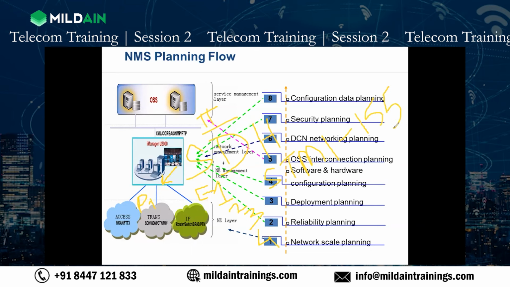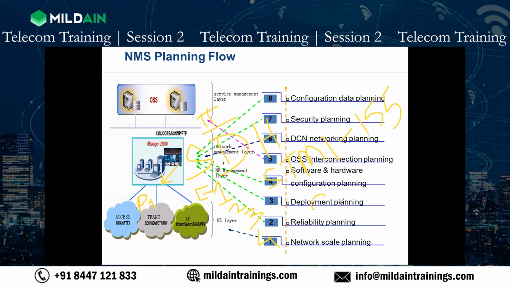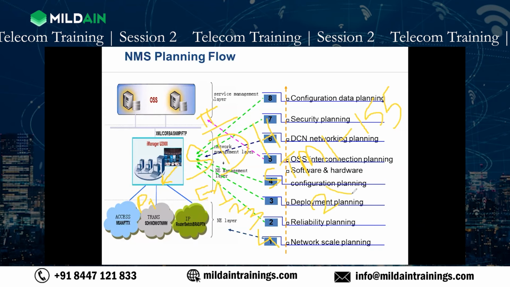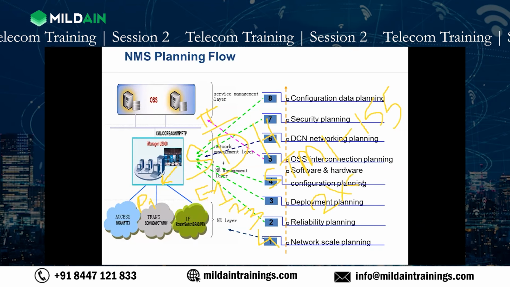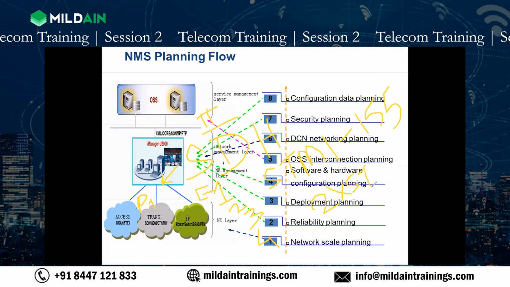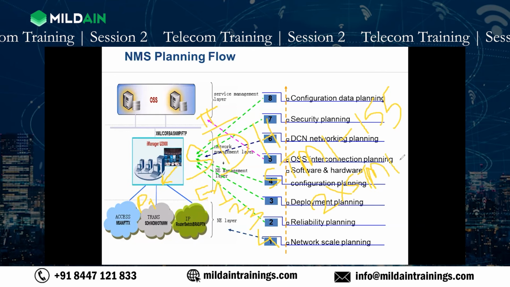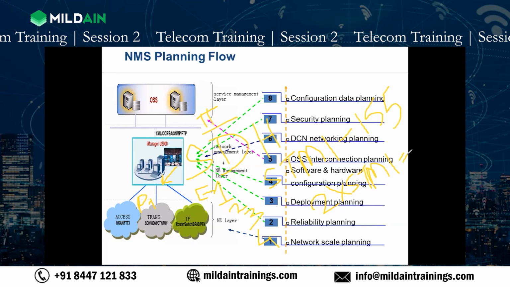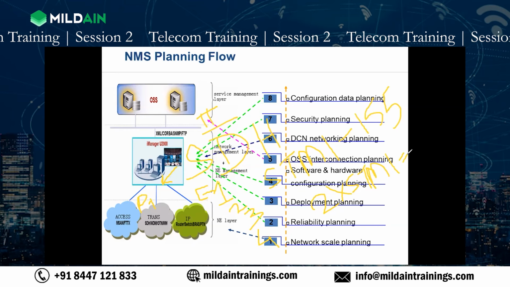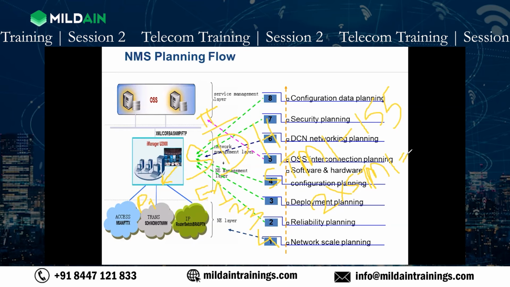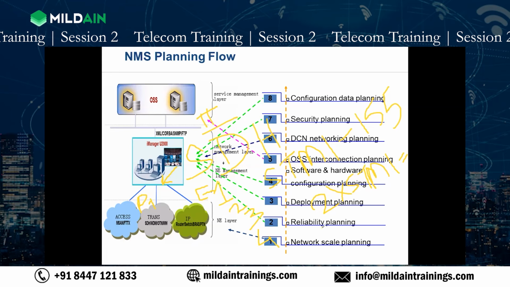Now if anybody wants 300 Mbps, we need to add STM2. 2 times STM1 is STM2, so multiples of 155. We reached up to 64, called STM64.